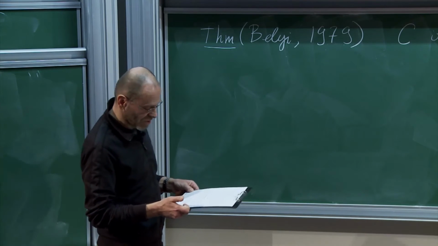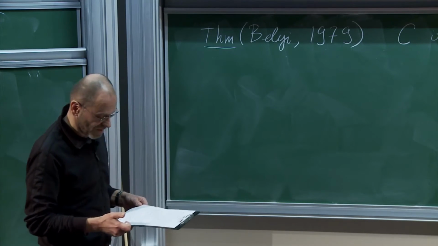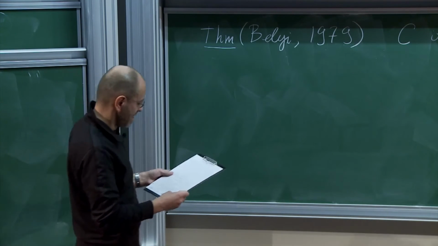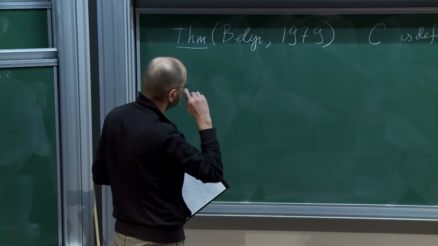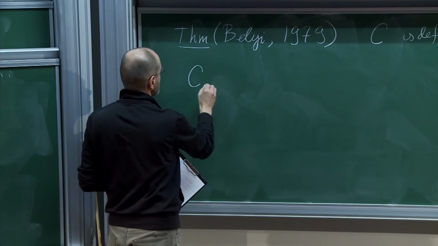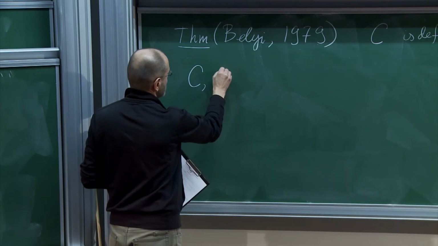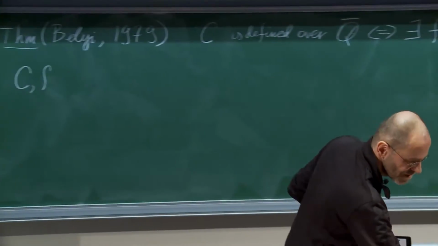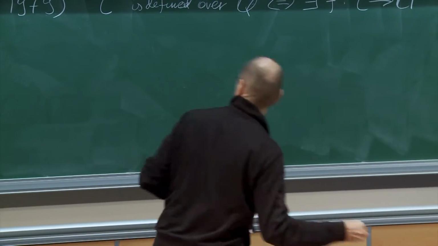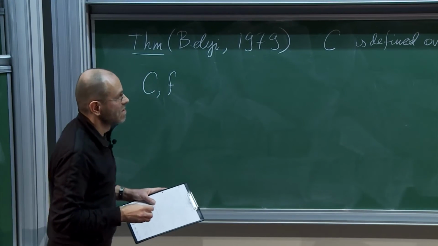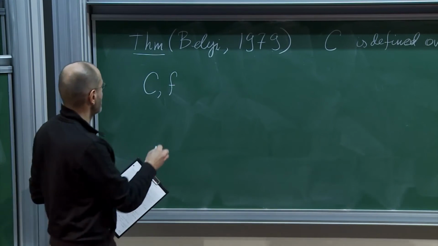Let me define what a Grothendieck's dessin is. Let us start with a Belyi pair. A Belyi pair is a pair that consists of a curve and a meromorphic function with 3 critical values.